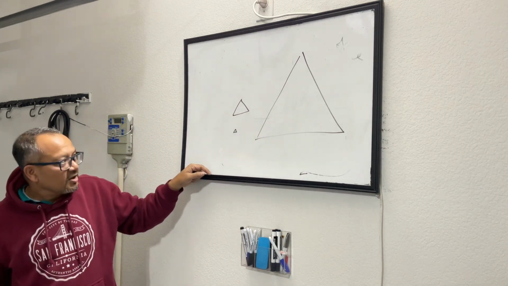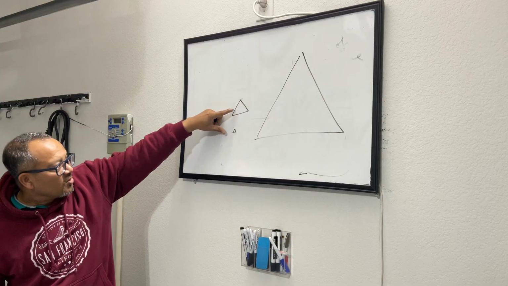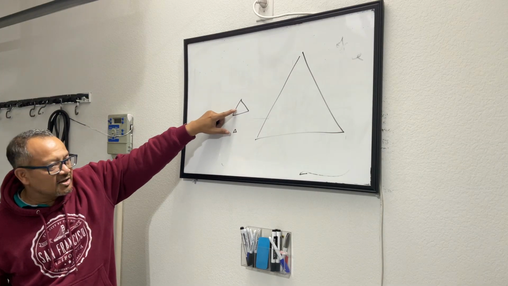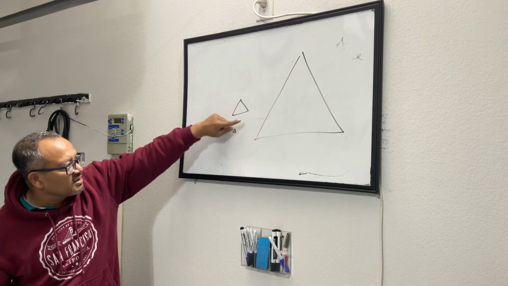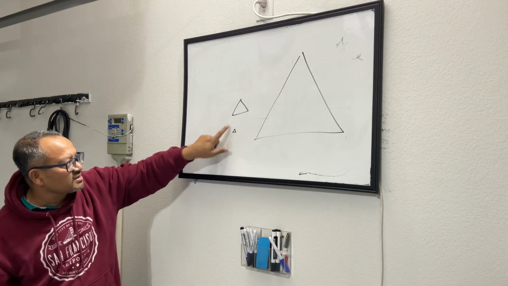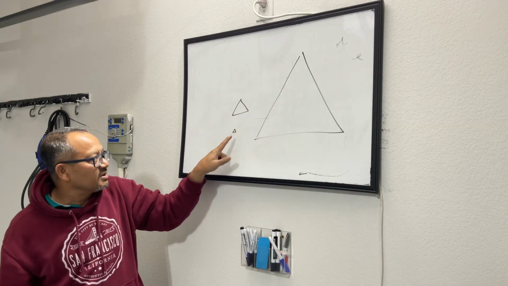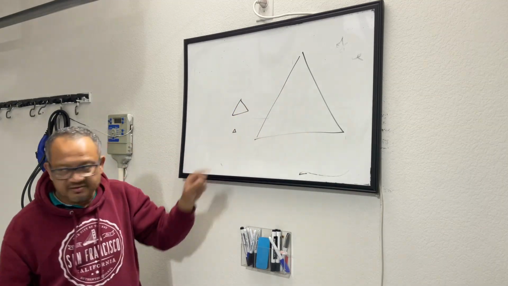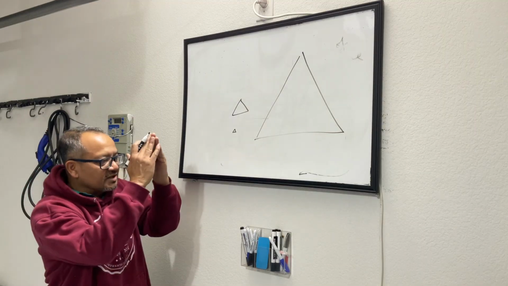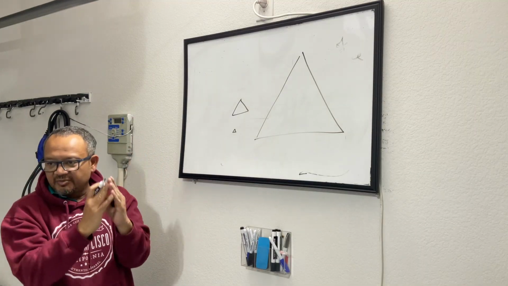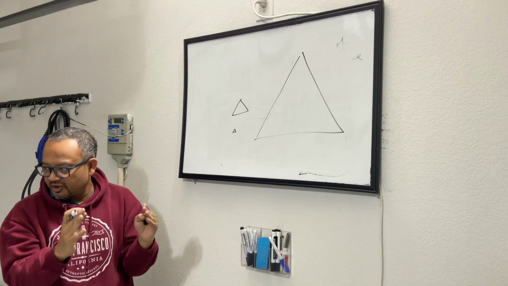When you zoom in, zoom out, what you're doing is your angles remain the same. This angle remains same. This angle remains same. This angle, and this angle remains same. Only thing is your sides are becoming smaller or bigger.